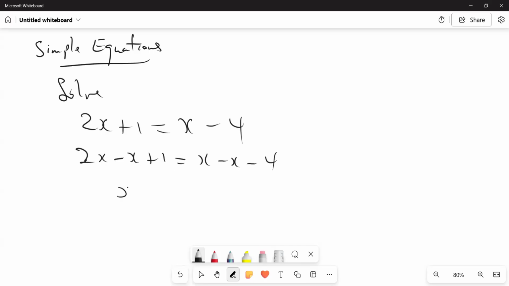You end up with x plus 1 equal to minus 4. And then you want this 1 out of here. So, next step, x plus 1 minus 1 equal minus 4 minus 1. This becomes 0, and you get x equal minus 5.